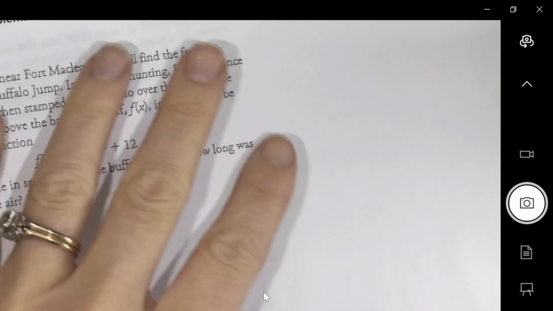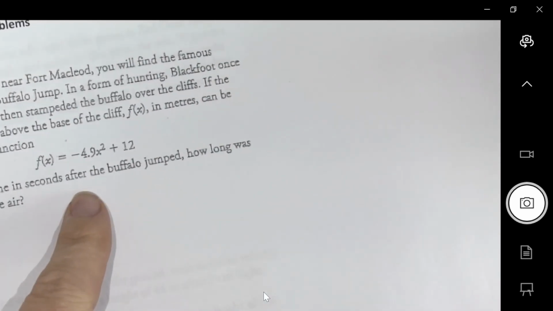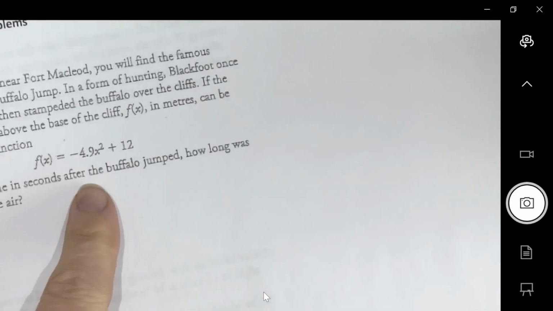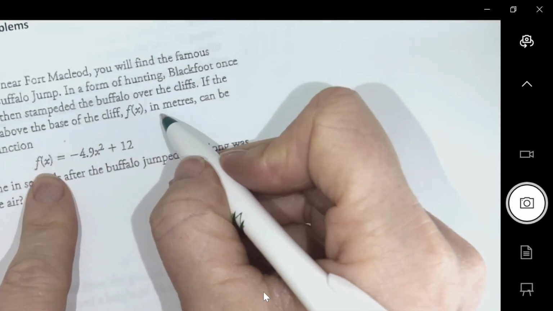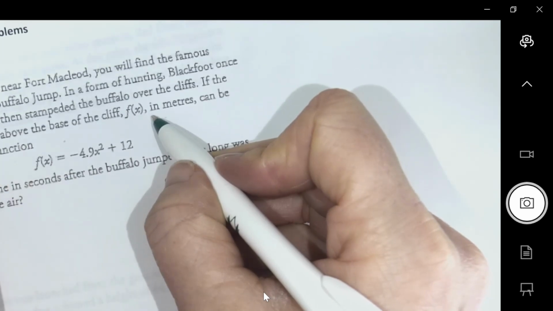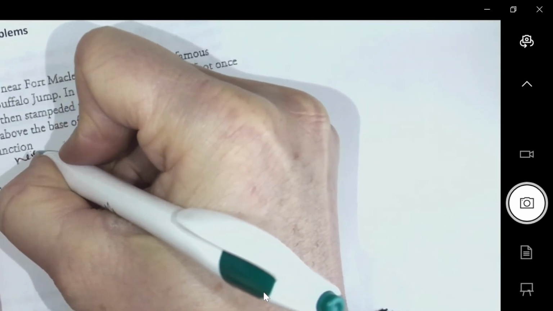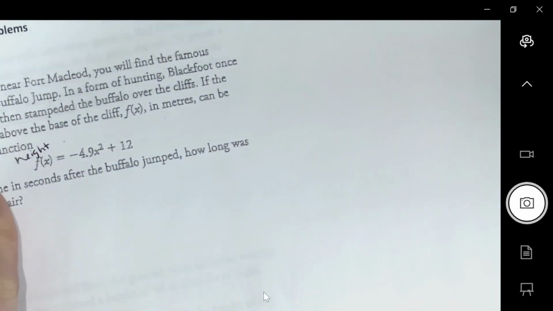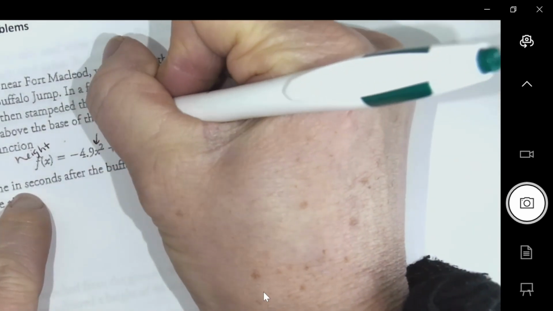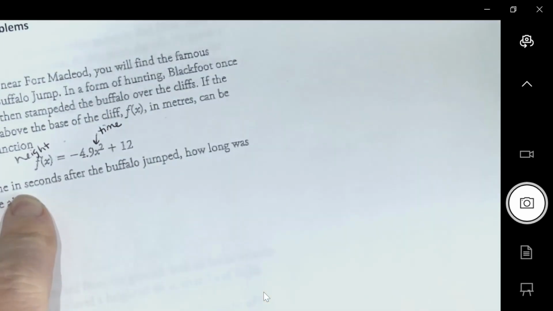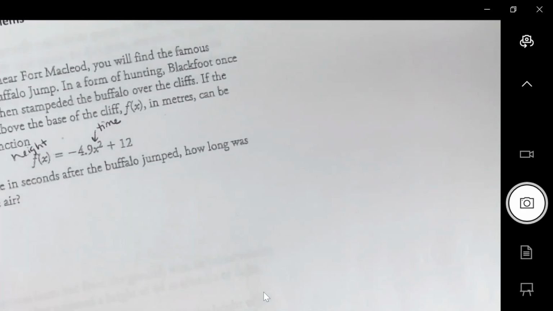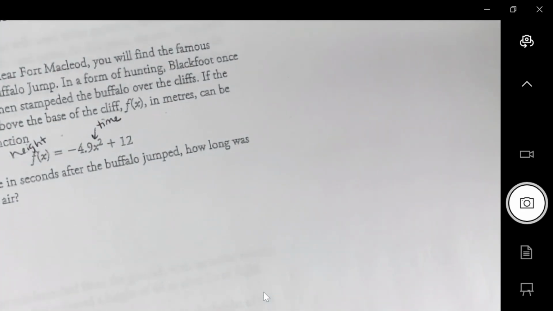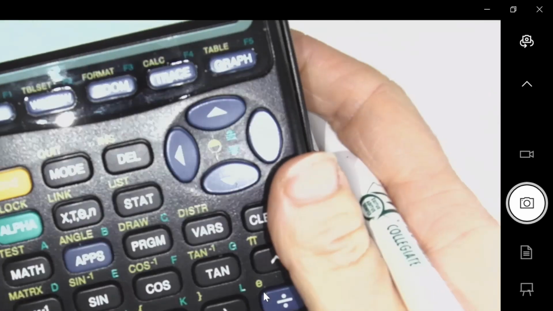Okay, so this is the equation. F of x is the height. That's the height. And it says x is the time. Okay, so that's what we know. We're going to get our calculators, and we're going to let it do the work for us.